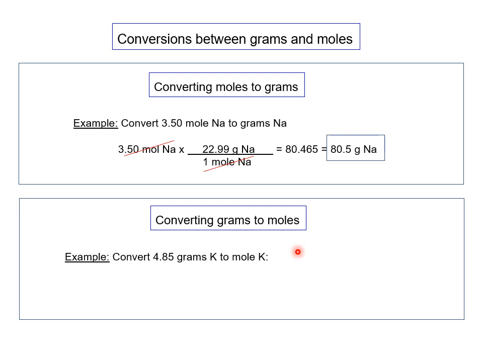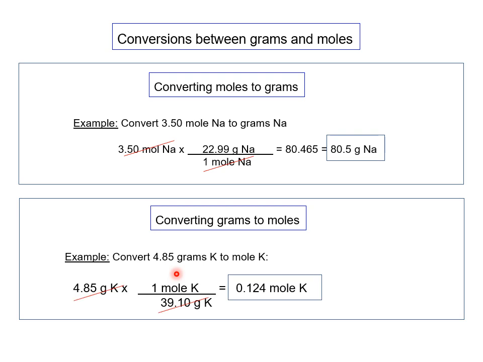I know that 1 mole of potassium from the periodic table has a mass of 39.10 grams. If you look on the periodic table for potassium, that bottom number is 39.10. So I know that 1 mole is 39.10 grams, which means my answer should be a lot less than 1, because I have a lot less than 39.10 grams.